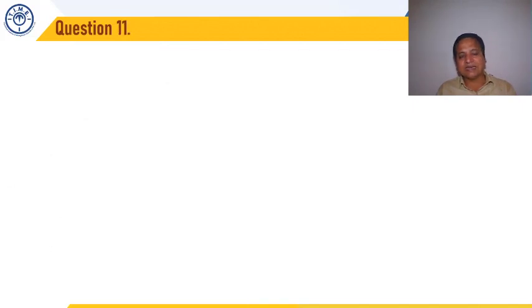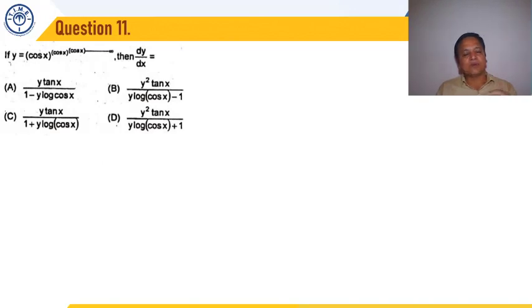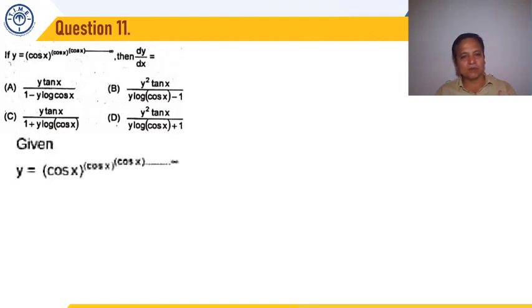Now moving to question 11 of the handout. It says y is equal to cos x to the power cos x to the cos x up to infinite. It's again going up to infinite. So we will hide one value and replace the remaining value with the original value assumed as y. So we assume y is equal to cos x to the power cos x to the power cos x up to infinite.